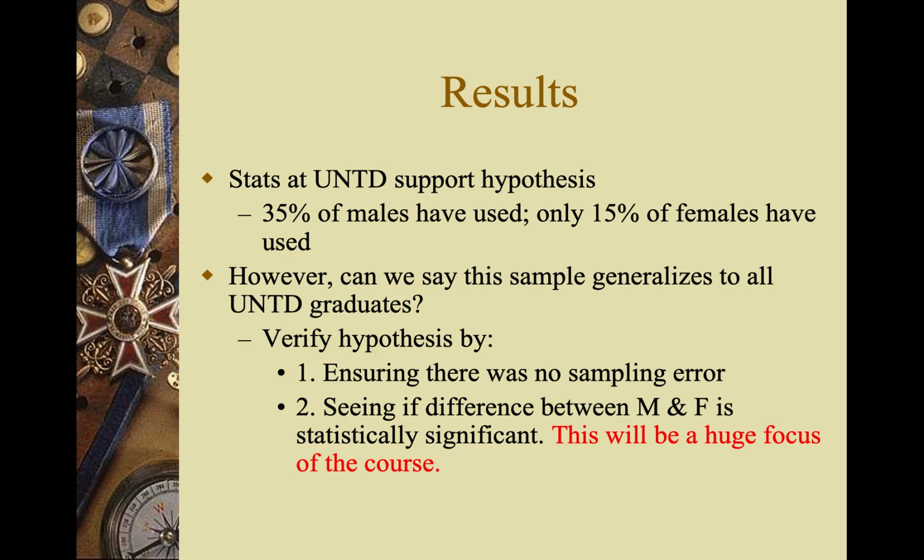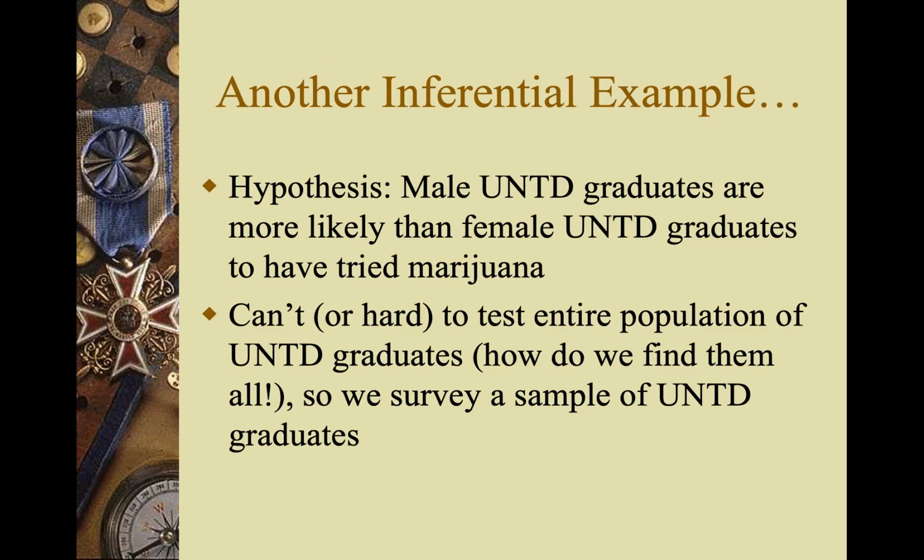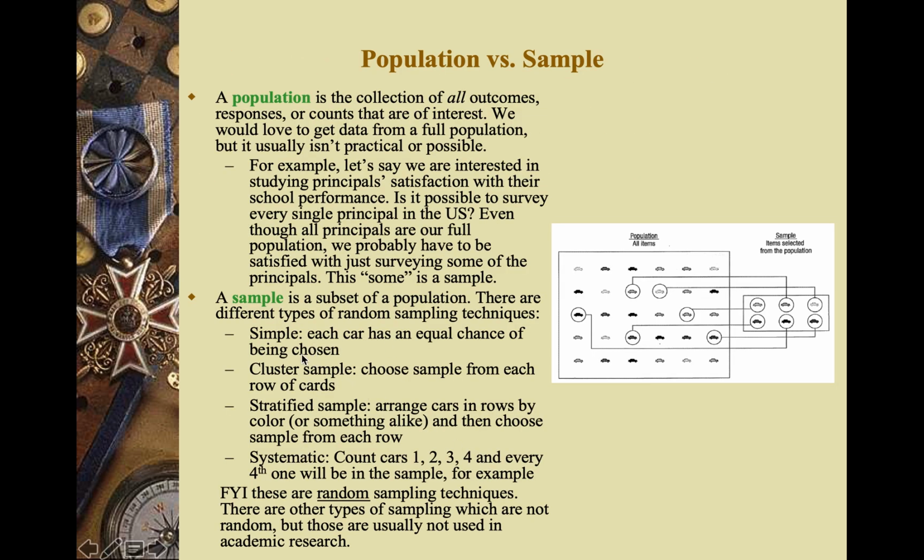But the way to be able to verify that our hypothesis is true is ensure that there was no sampling error. So we need to make sure that we follow one of these ways that we can sample. But say, for example, we chose the stratified sample, and for our example with the students, let's say we had biology graduates, business graduates, math graduates, education graduates, etc. And we had chosen a certain amount, but let's say we forgot to choose one of the majors, like maybe an environmental science major or something like that.